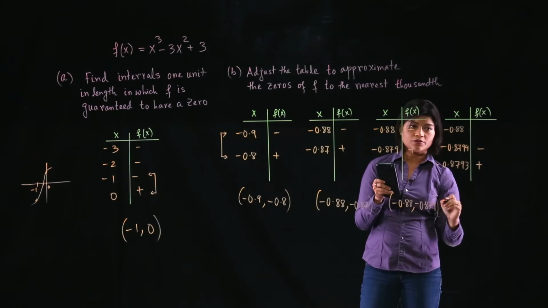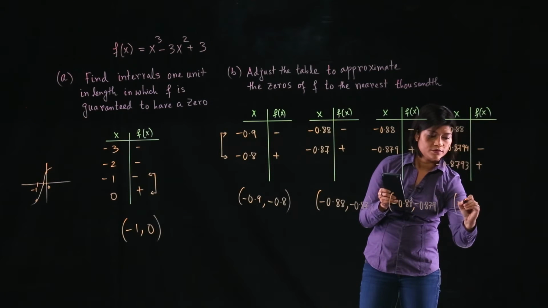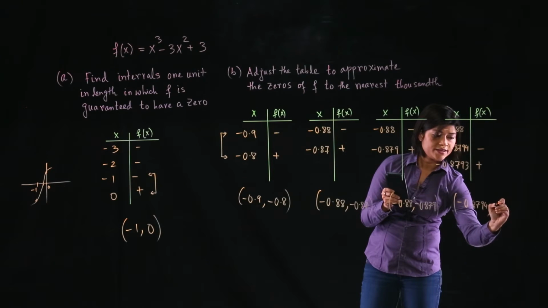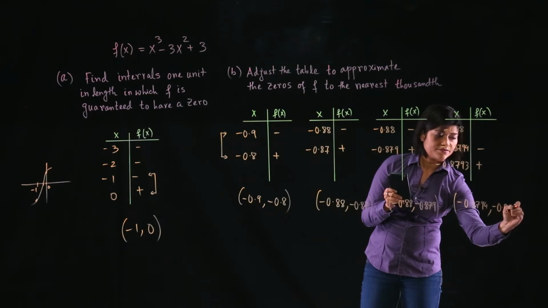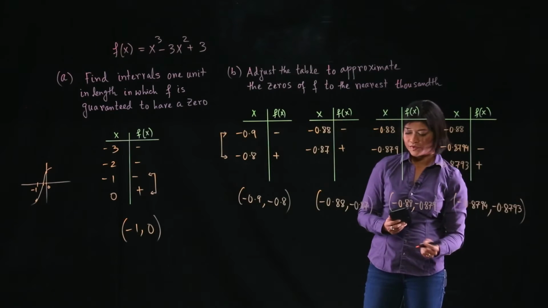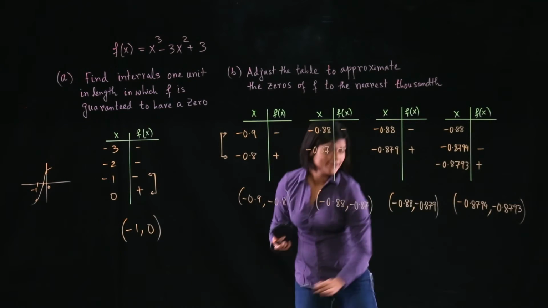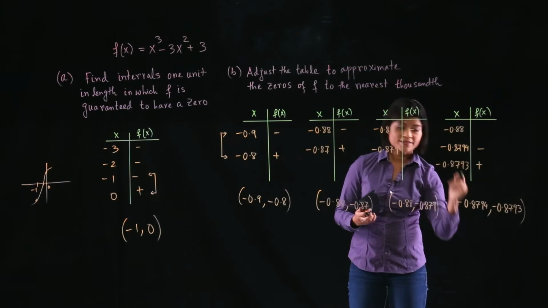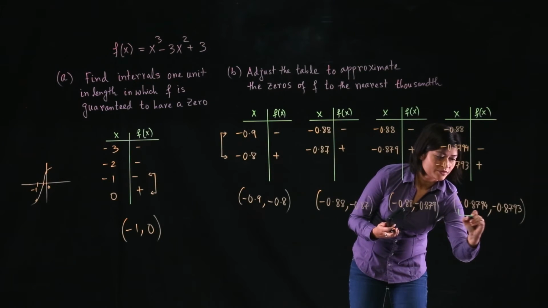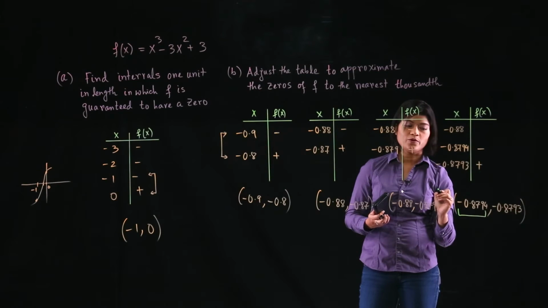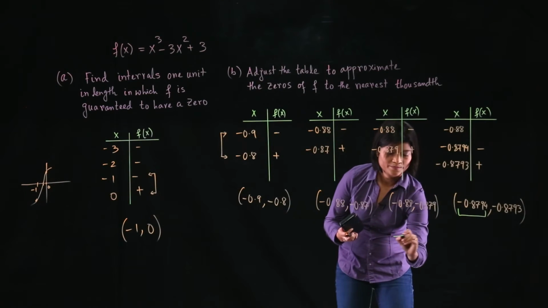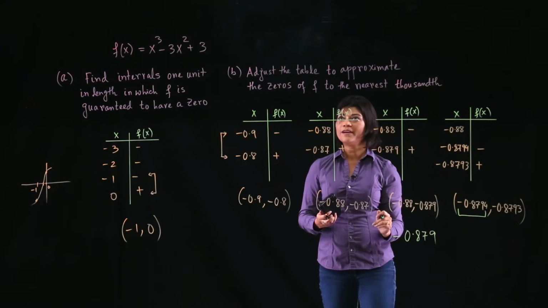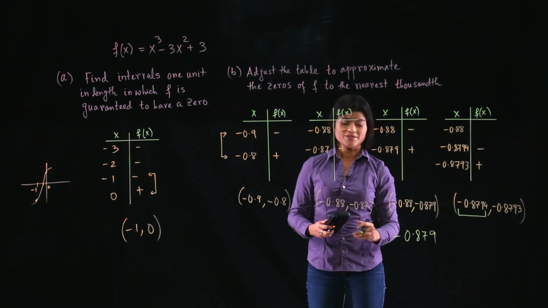Therefore, the 0 lies inside the interval negative 0.8794 and negative 0.8793. So we can say that the 0 of this function to the nearest thousandth is right here, negative 0.879. So we found the 0 to the nearest thousandth.